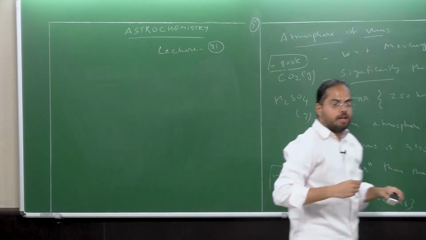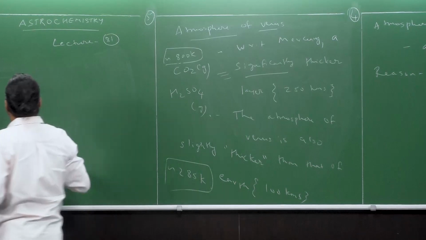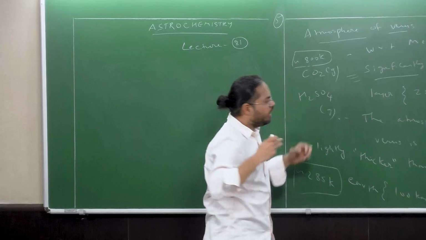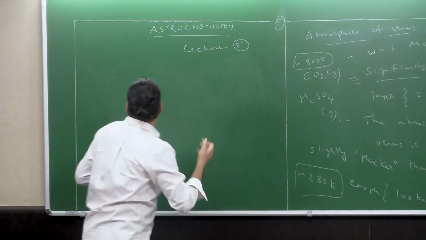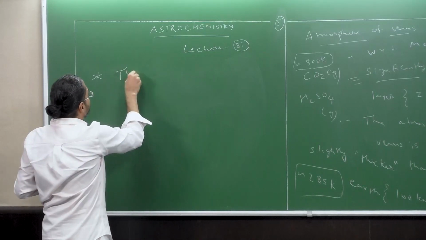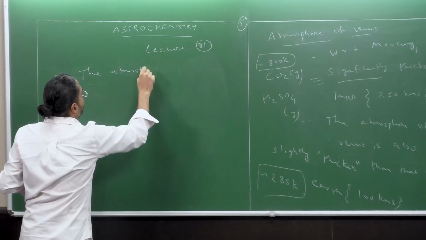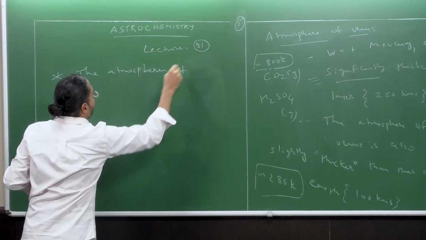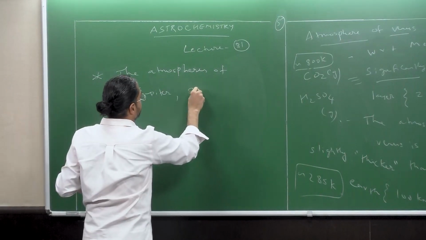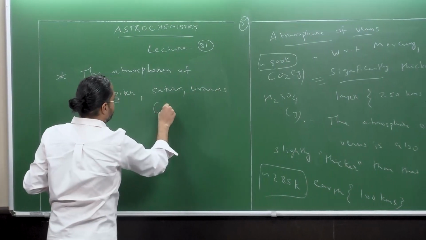All right. The next idea I want to bring forth to you is the concept of... before I go to the next idea, I'll also tell you, I've been telling you this, I'll just write it down explicitly also. The atmospheres of Jupiter, Saturn, Uranus. When I say Saturn, Titan also.